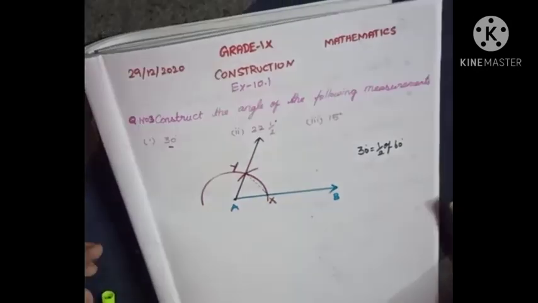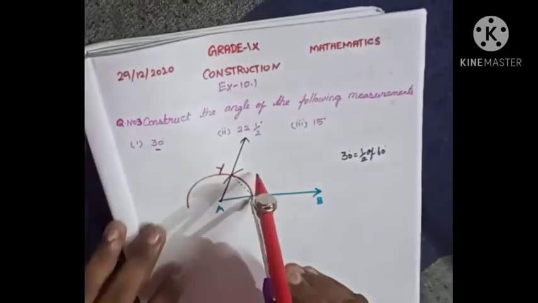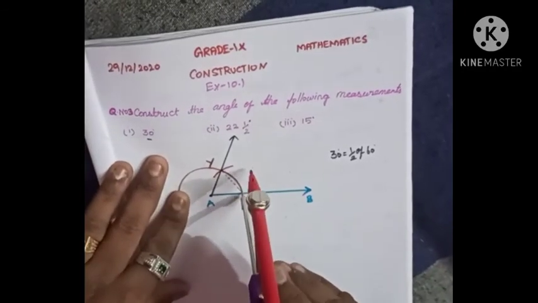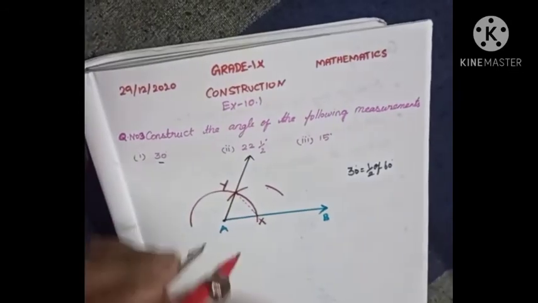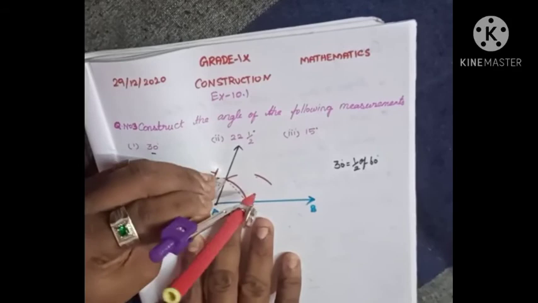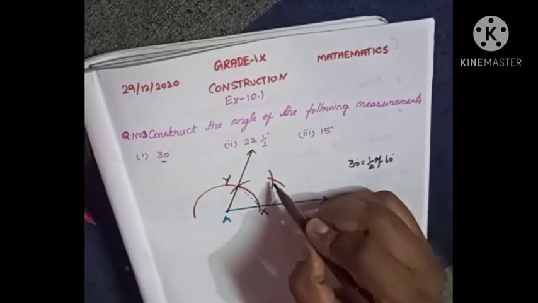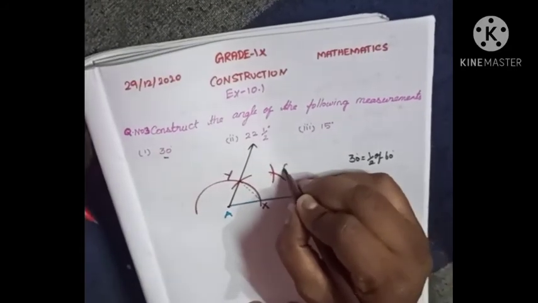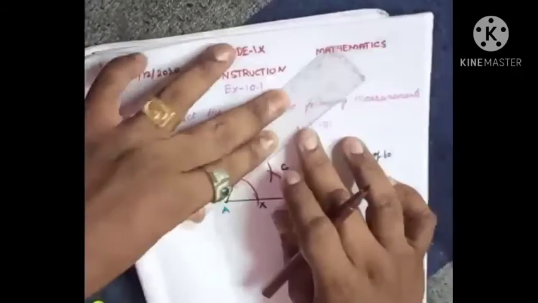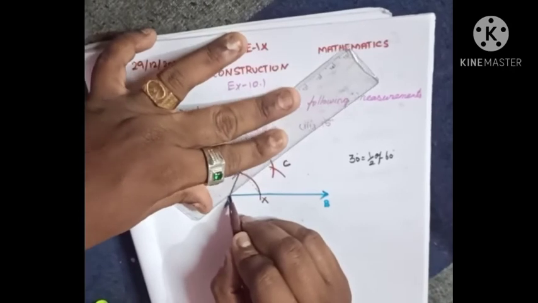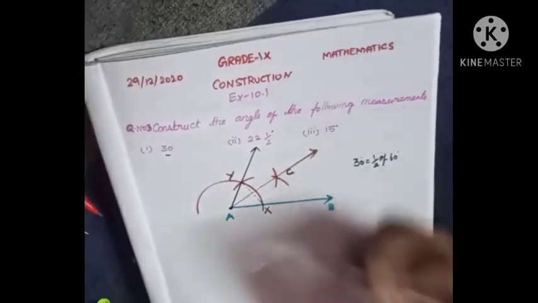I just take that same measurement here. Okay. I take an arc from X as center. I draw an arc here, and with Y as center I draw another arc to cut this previous arc. Okay, and this point I take as C. Again I draw AC, draw a ray AC like this.